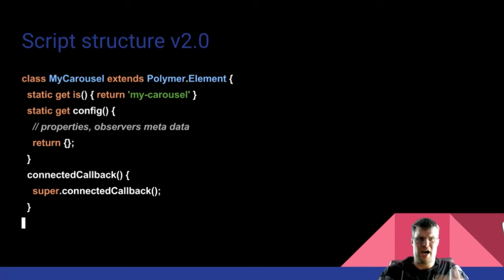So why does Polymer still have this extra extend? What does Polymer give us extra? Well, as I explained earlier, we use the different properties, the observers, the listeners, and so on.